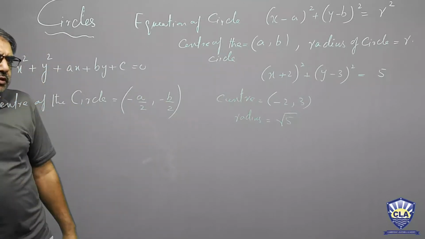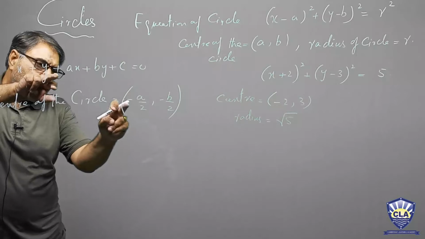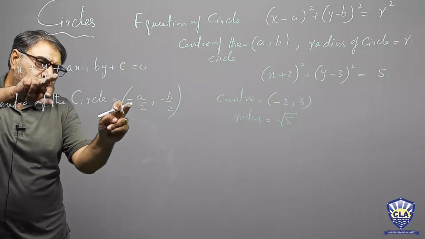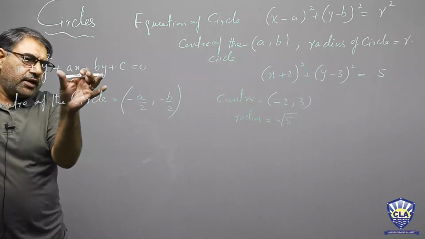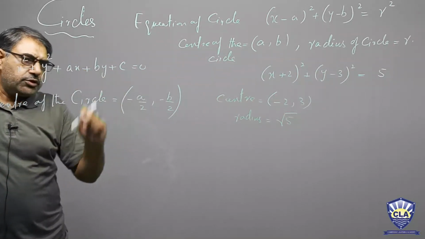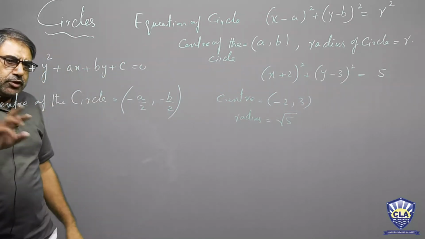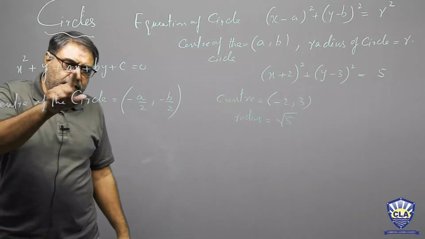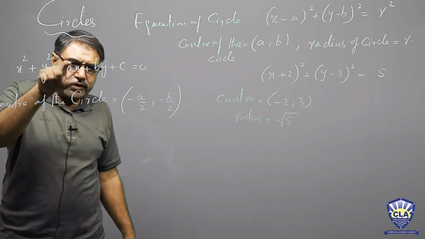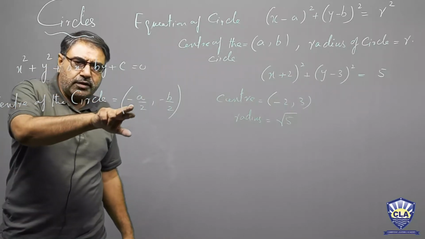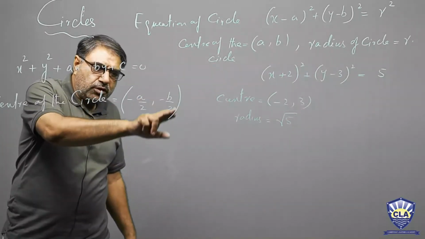Change the sign: if it is positive, then it will be negative; if these two signs are negative, then you have to take positive. Opposite signs, half of coefficient of x and coefficient of y. If it is a, then minus a over 2; change of sign, b, minus b over 2.